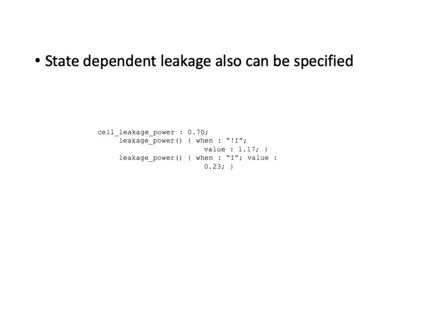State-dependent leakage power can also be specified. Instead of the standard cell leakage power here, you would define a leakage power syntax here by specifying when, and this is the leakage power 1.17 nanowatts for an inverter when the inverter input is at logic 0, and when the inverter input is at logic 1, the leakage power consumed is 0.23 nanowatts.